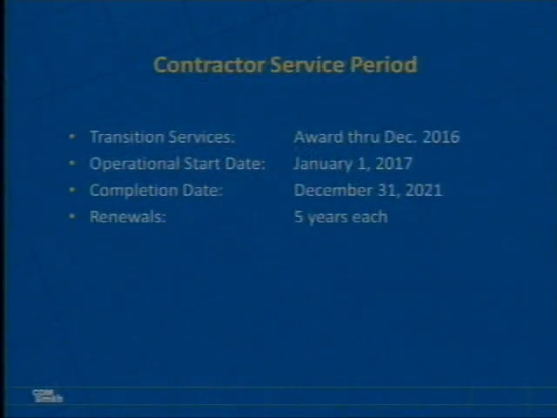But transition services would start as soon as the award is done and would go through December 2016. The operational start date for this contract is January 1st, 2017, and it's a 5-year contract. It will go through December 31st, 2021. There are 2 options for 2 renewals within the service agreement, each at 5 years.